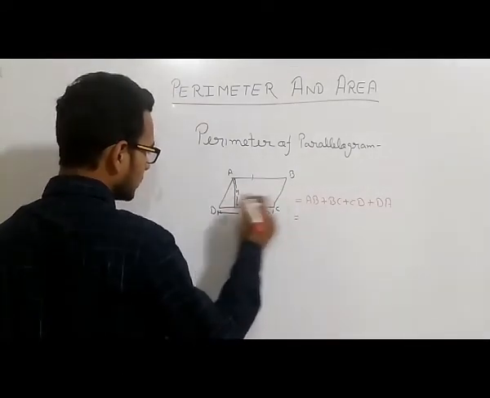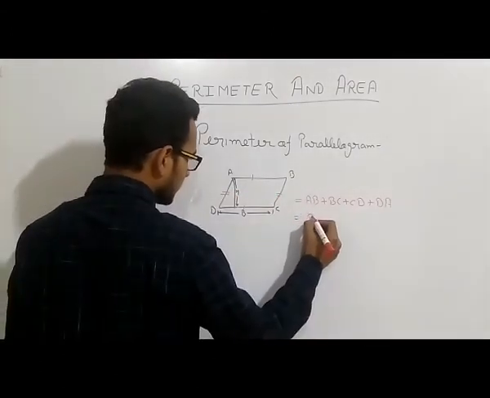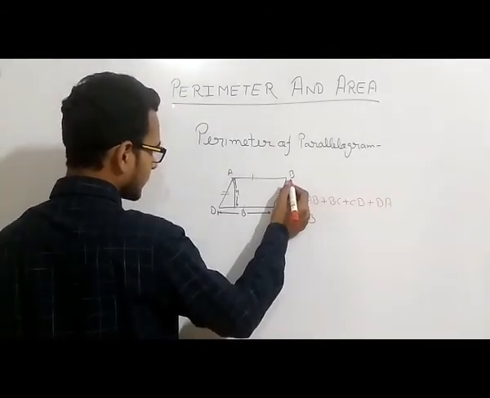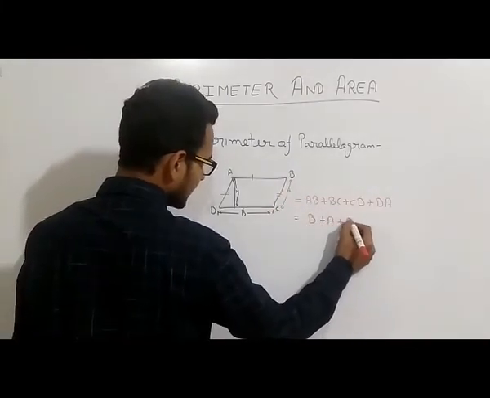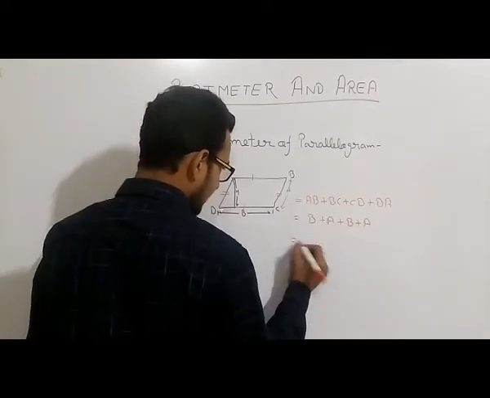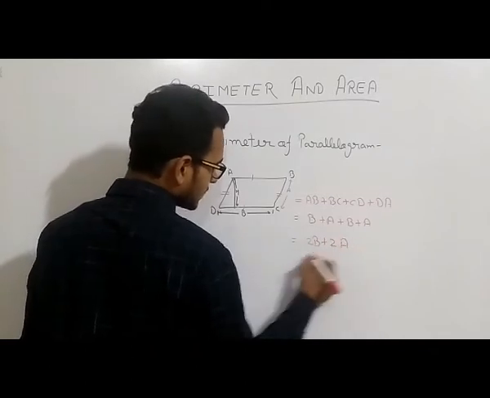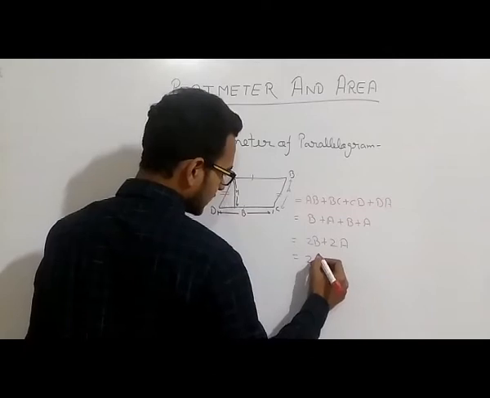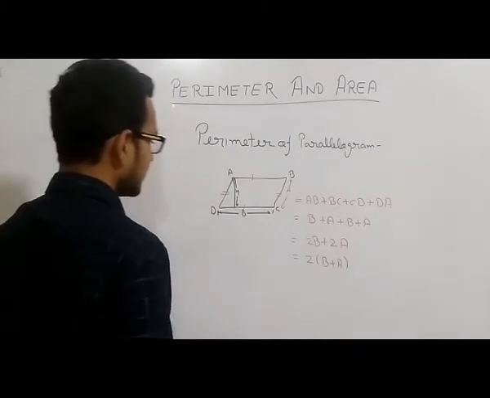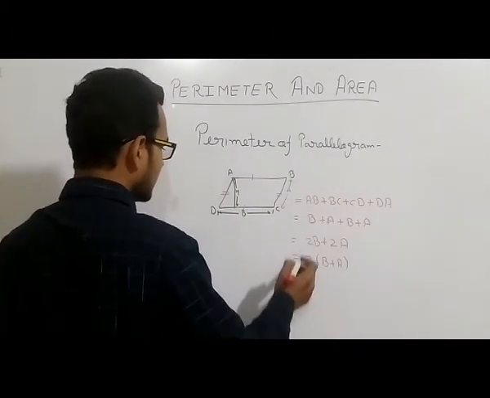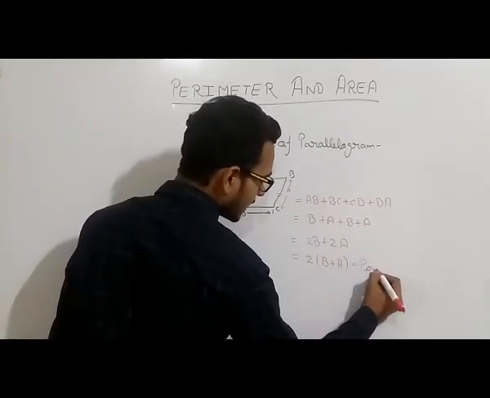This means AB equals DC and AD equals BC. So if one line is B, then the other line is A. In this way, put the value of the line segments. Here 2B plus 2A, take common 2 from B and A, so it becomes 2 into B plus A, or you can say A plus B.